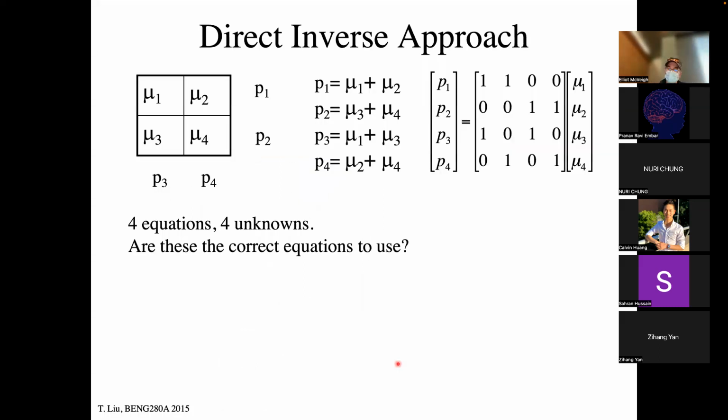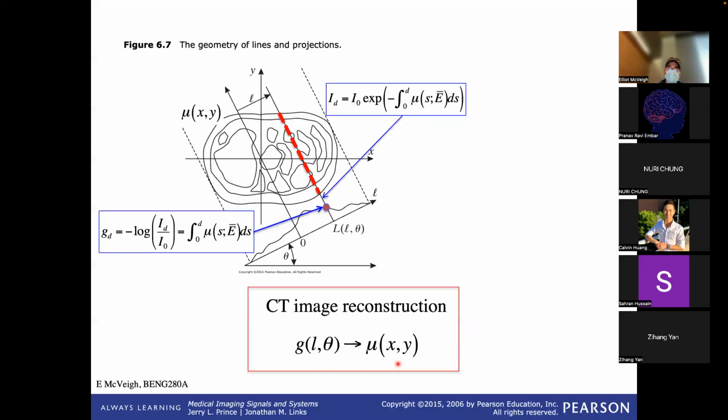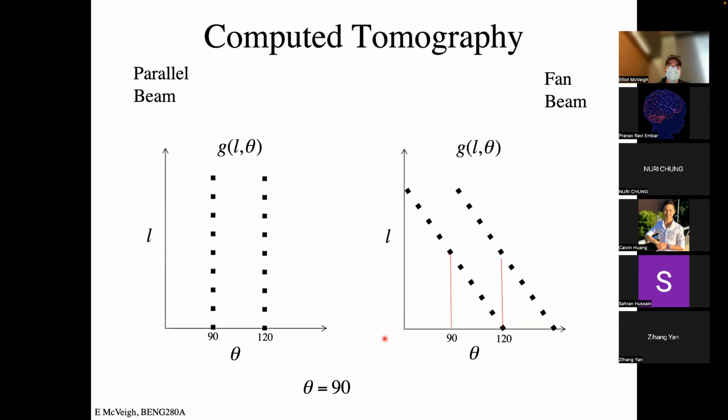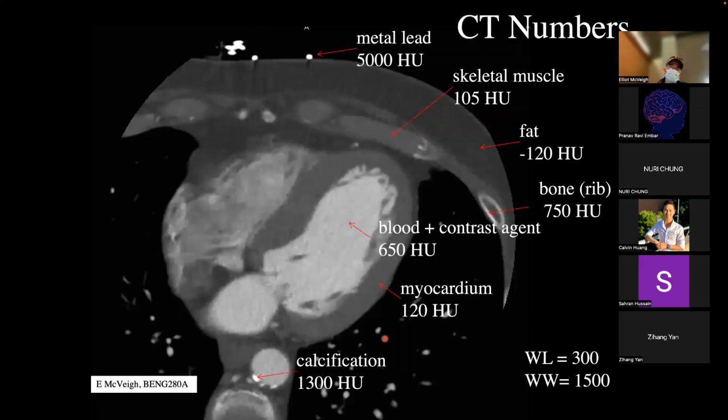So we're going to go back to this concept, which is having a set of measurements that I've read off my detector, and I now want to create a map of the linear attenuation coefficients as a function of position in the patient. That's my goal. And this is a map. Say there's 512 by 512 pixels in this slice.